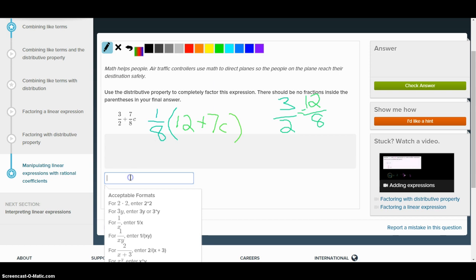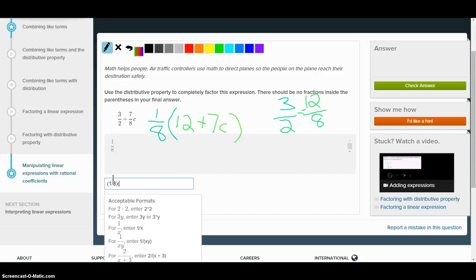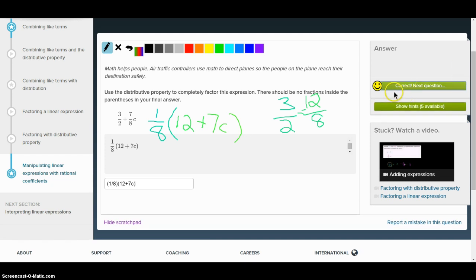And let's check this answer. So we can do 1/8 and then 12 plus 7c. Let's check that out. Alright, so we got that right. Let's go to another one.